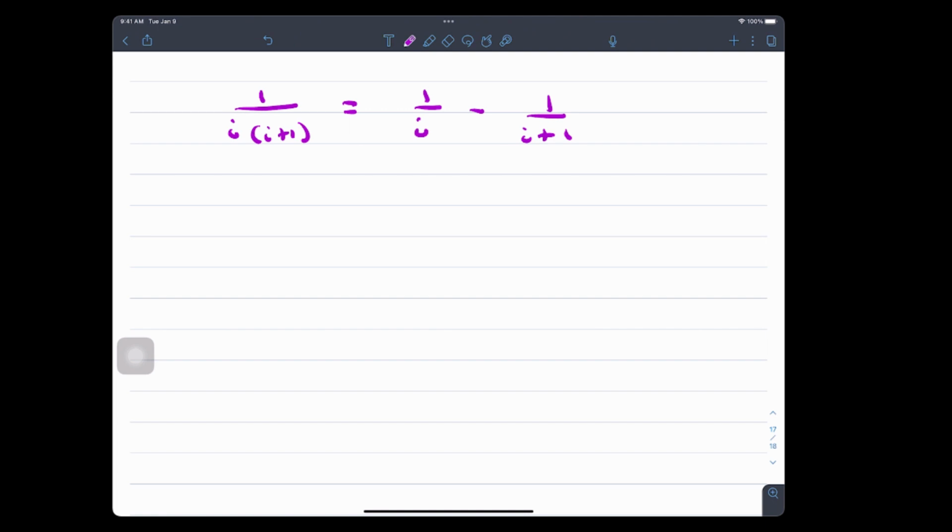How do we know this? By partial fraction decomposition. Did you ever study partial fraction decomposition?